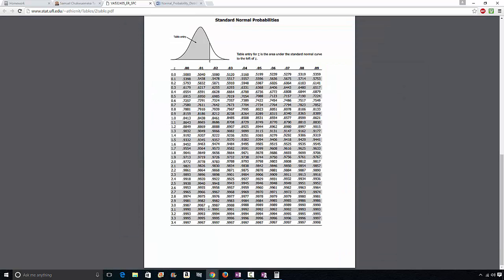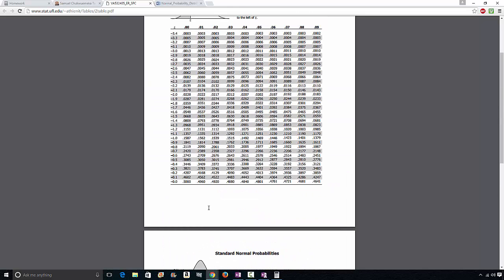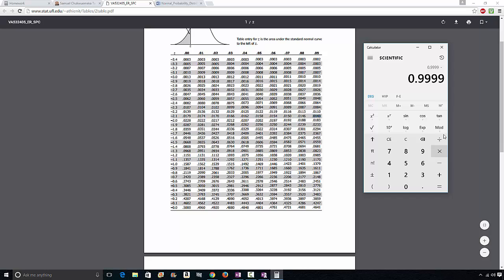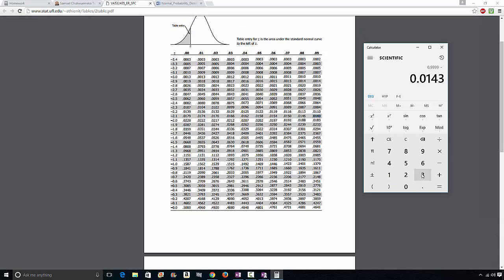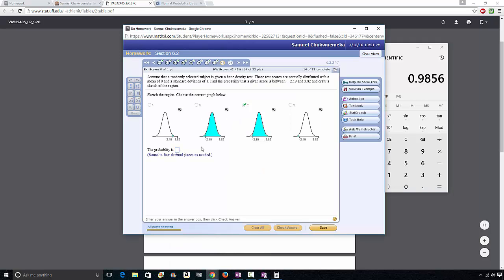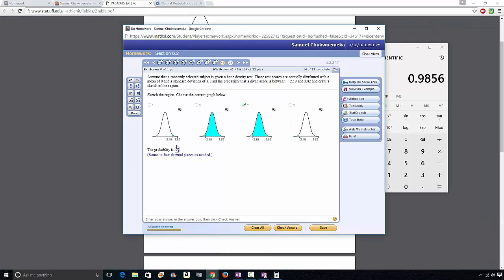I get negative 2.1 under 0.09, and that is 0.0143. So 0.9999 minus 0.0143 gives you 0.9856. You put 0.9856.